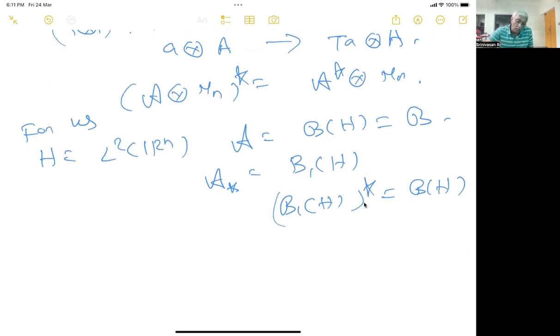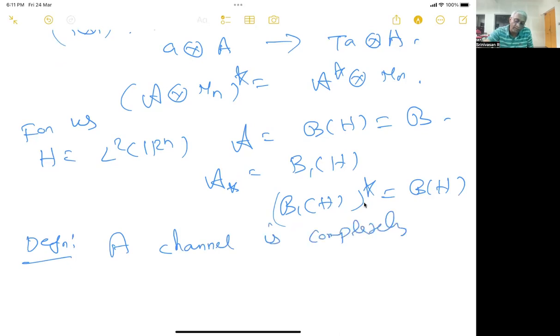So what do we want to do? Now a channel is a completely positive map T from B1H to B1H which preserves the trace.